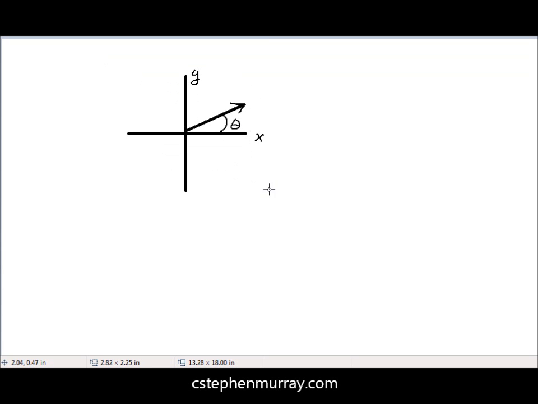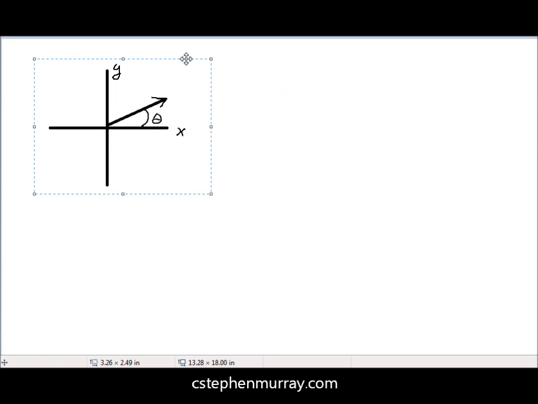So first of all, you notice I have this grid here. Let me move this over to the side. You should already know that if theta is taken from the x-axis, then this right here would be the y component, and this right here would be the x component.